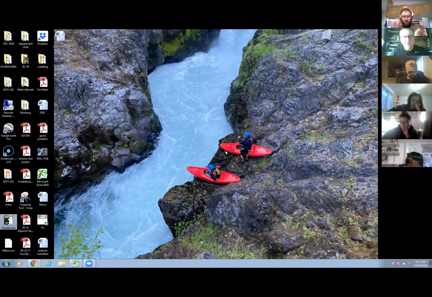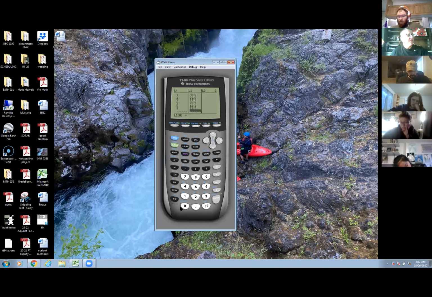I could just tell you the equation, but I don't think people walk out of algebra knowing it as well as they should. You don't remember the data because I just showed it to you for 2 seconds. But let's go in and do regression.